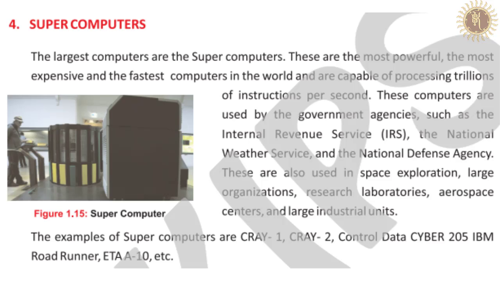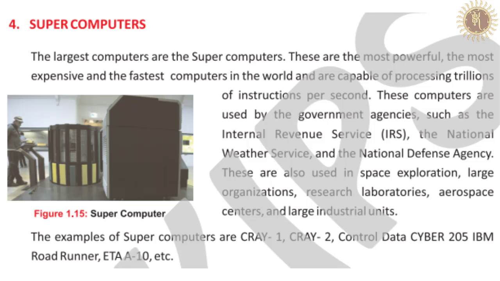Supercomputers. The biggest computers are the supercomputers. These are the most powerful, the most expensive and the fastest computers in the world and are capable of processing trillions of instructions per second. These computers are used by government agencies such as the Internal Revenue Service (IRS), the National Weather Service, and the National Defense Agency.